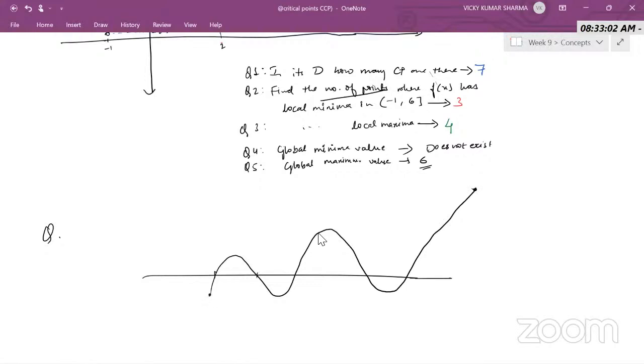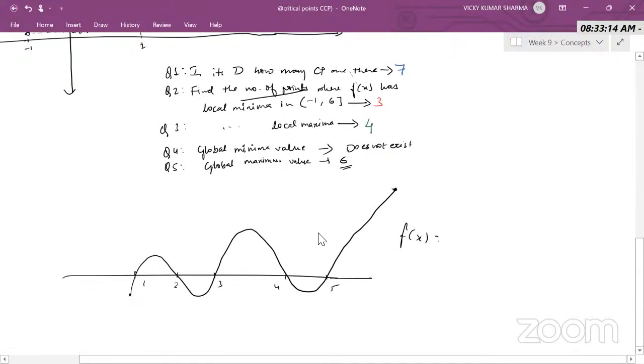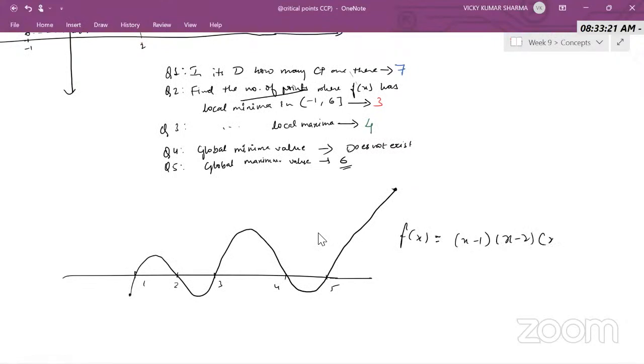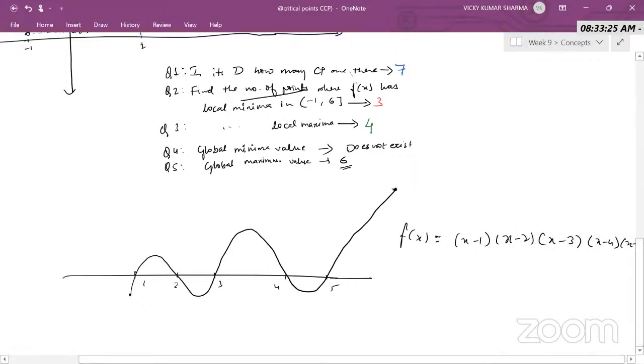How many degrees do we have? x, this, and this: 1, 2, 3, 4, 5. Maybe I can say these are my roots, 1, 2, 3, 4, 5. Let's say this function is f of x equals (x minus 1)(x minus 2)(x minus 3)(x minus 4)(x minus 5). This is the function I gave you.